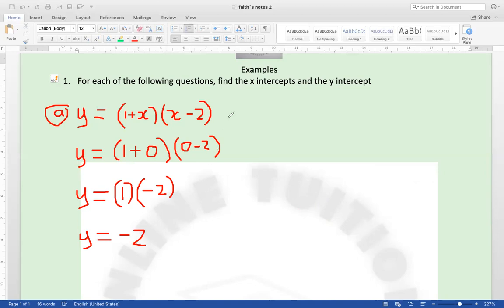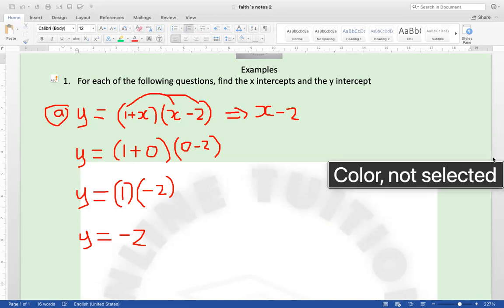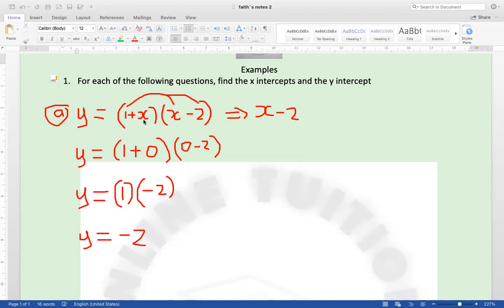Now, even if this question was expanded, or if you want to go in an expanded way, you multiply 1 and x, we'll have x. You multiply 1 and the minus 2, we'll have a minus 2. You now start multiplying this x and then x, we're going to have positive x squared. You multiply x and the minus 2, will have a minus 2x.